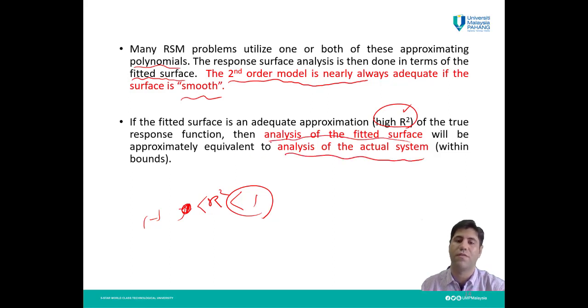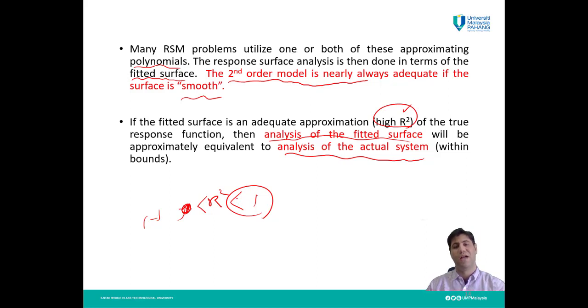So first of all, if the surface is smooth, we can have a second order model and it is enough. Then also we need to check the approximation ability of the model, for which we use R square. R square closer to 1 is more desirable. It means we can use that equation.